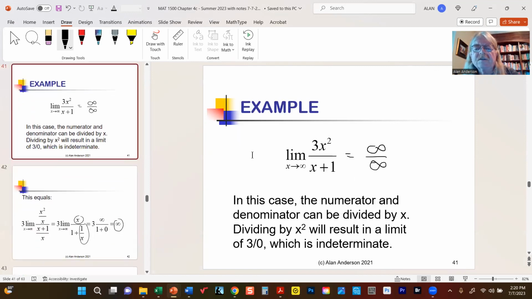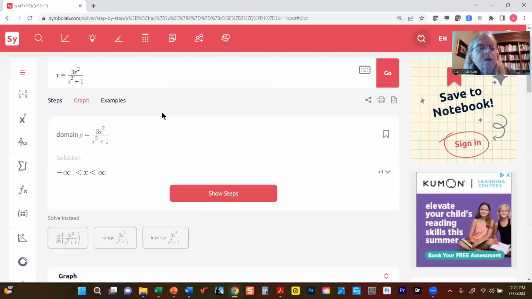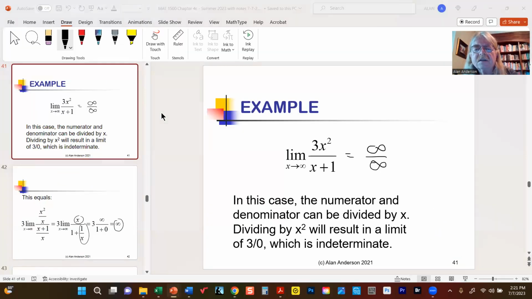Now, this one's a little different because, if you notice, the numerator is of degree 2 and the denominator is of degree 1. So if we try to divide the numerator and the denominator by x squared, we're going to wind up with another indeterminate form, 3 over 0. So we don't want to do that. That's not the best strategy here. While we're thinking about it, let's see what this looks like.